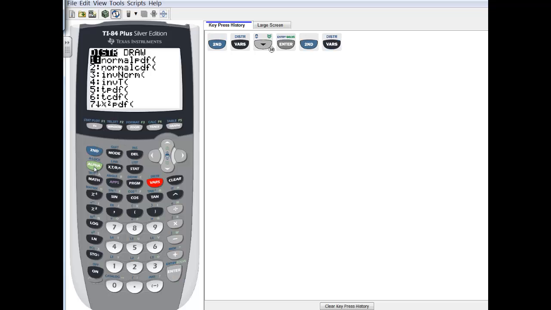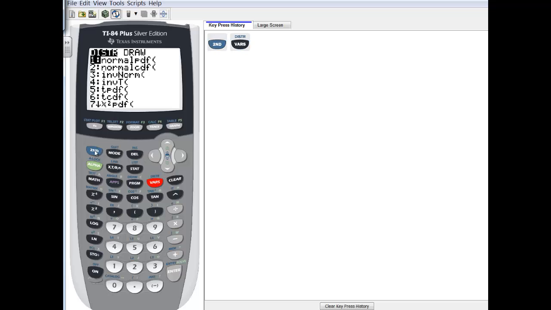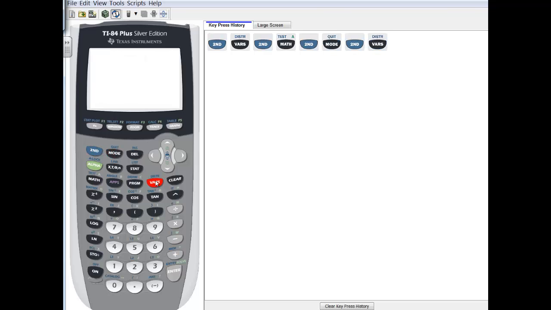I know it's A, so I'll turn on my alpha and then press A and it brings it up. I need to clear this because it did a binom PDF in a binom PDF. So let me quit and clear just for good measure. Second, vars for distributions. Second, A. Oh, sorry, alpha A. Second, quit. Second, vars. Alpha A. And now I want to enter my number of trials.